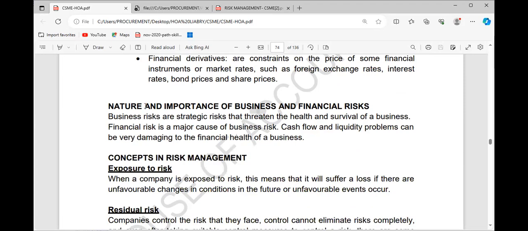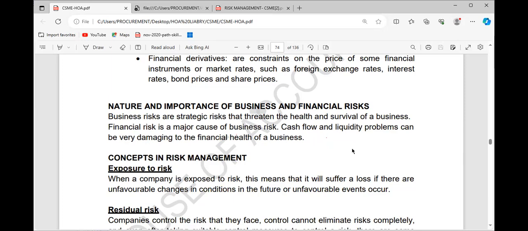Now, we also have the nature and importance of business and financial risk. Business risks are strategic risks that threaten the health and survival of a business. You must be able to differentiate between business risk and financial risk.